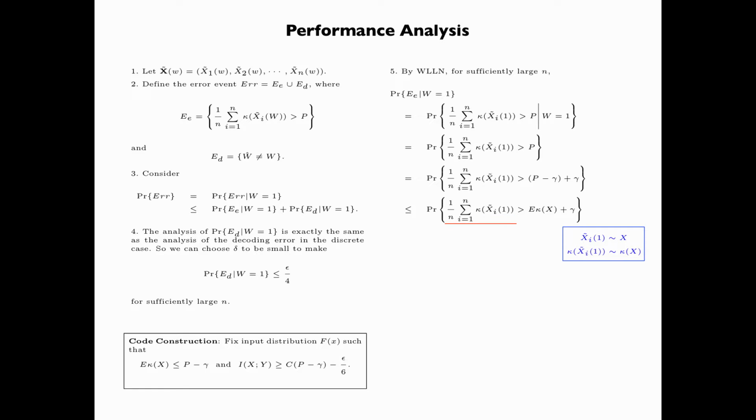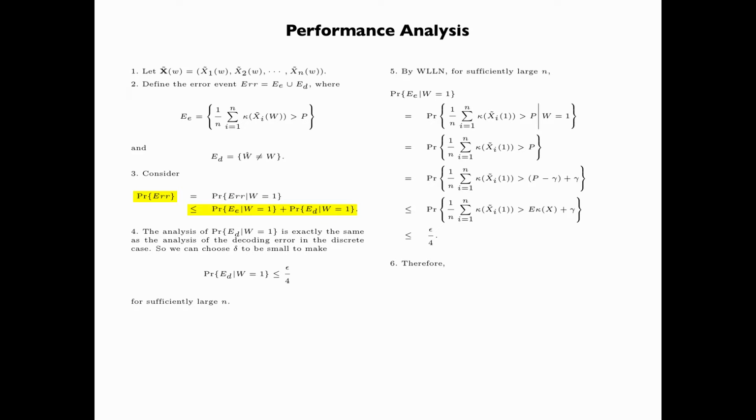Now 1 over n times the summation i equals 1 up to n of kappa of X tilde i of 1 is the average cost for transmitting a symbol in the first codeword. When the block length n is large, by the weak law of large numbers, with very high probability, it is very close to the expectation of kappa of X. Then the probability that it exceeds the expectation of kappa of X plus gamma would be less than or equal to epsilon over 4 when the block length n is large.